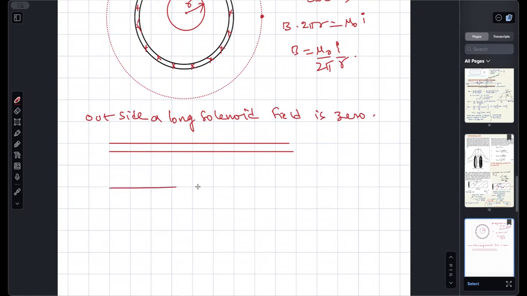The infinite long solenoid. I'm just showing you an arrangement like this. For example, this side, all the currents are into the plane of the paper. All the currents here are outward.